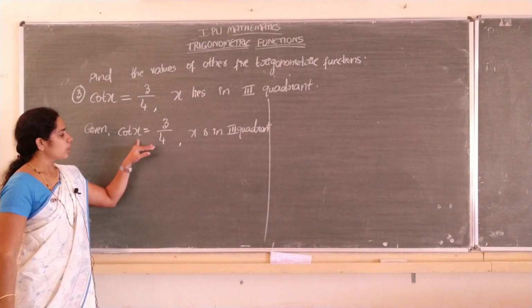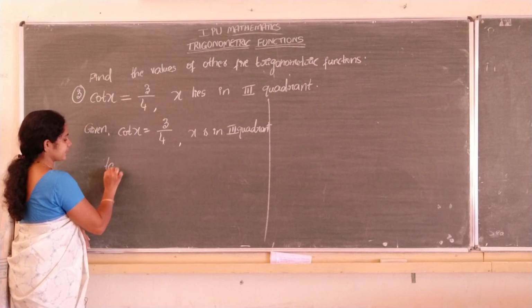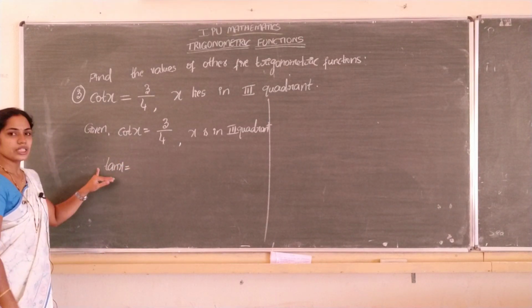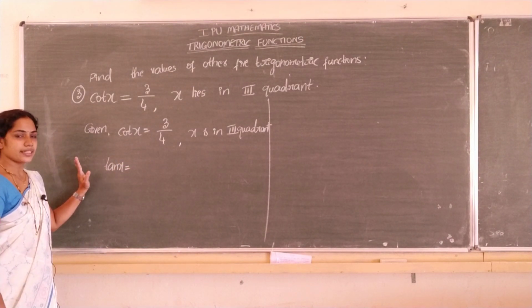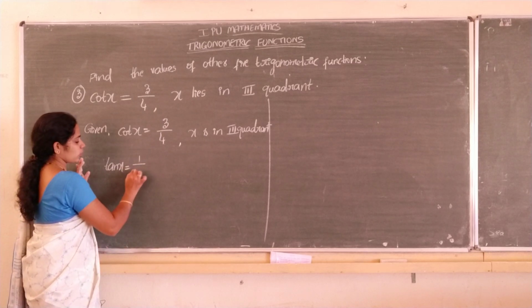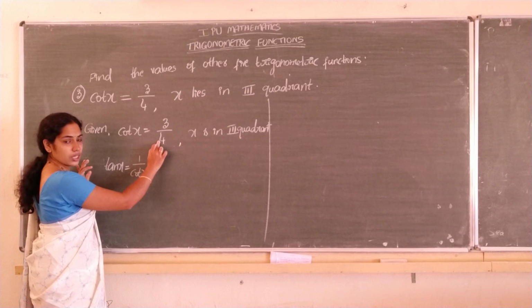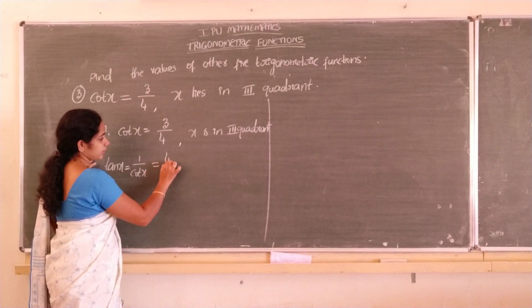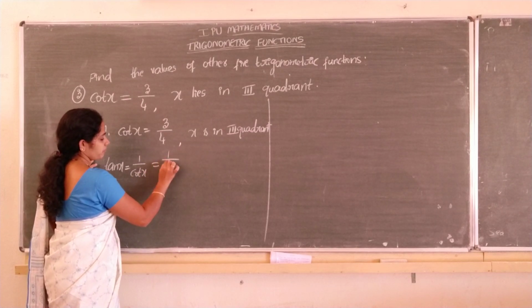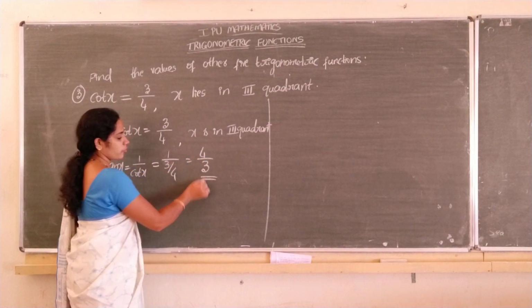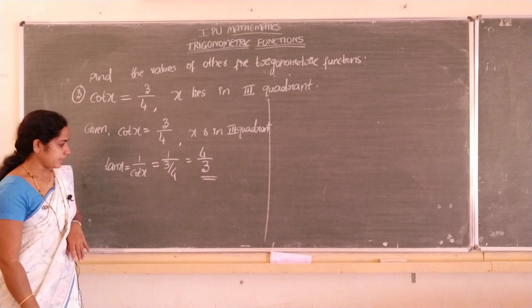Now we can find tan x directly. What is tan x? Tan x is equal to 1 by cot x, the reciprocal of this. That is 1 by 3 by 4, which is 4 divided by 3.